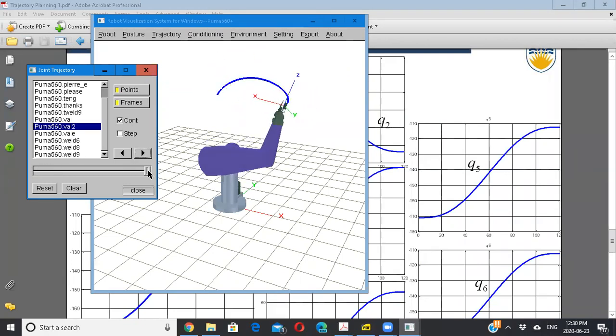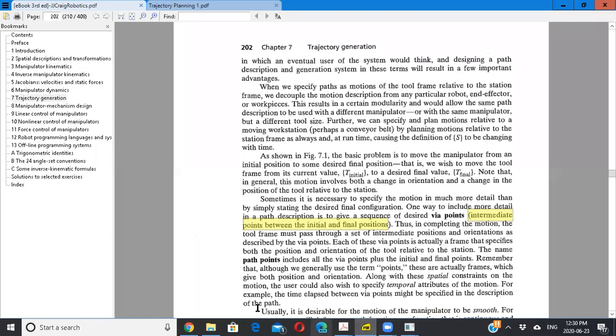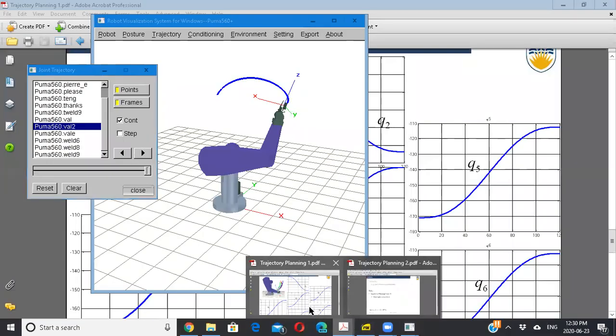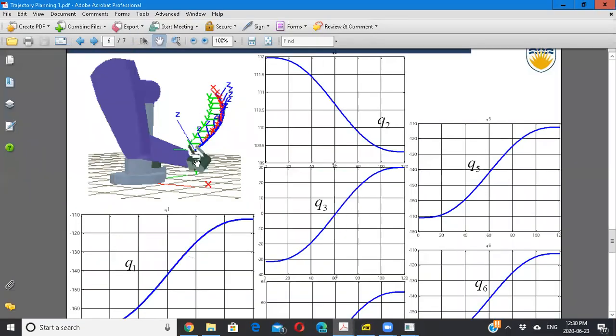See, I show you that in the middle, this frame is changing its orientation. I've just captured those orientations here and I'm showing you at one point.